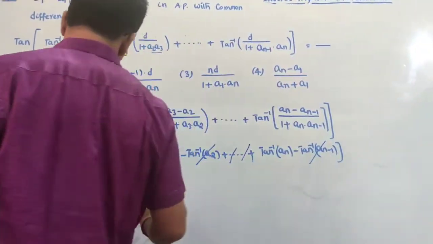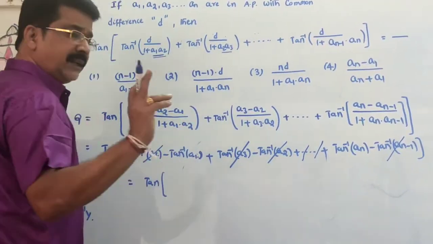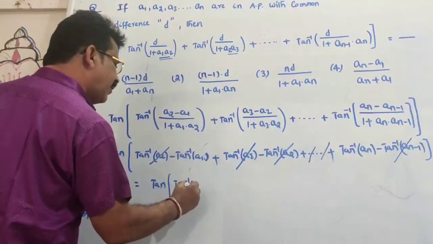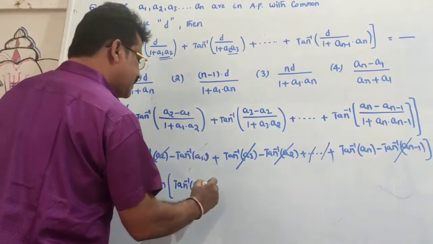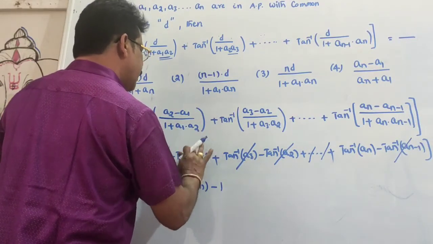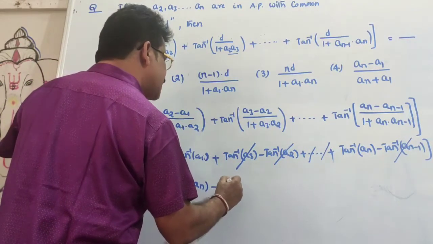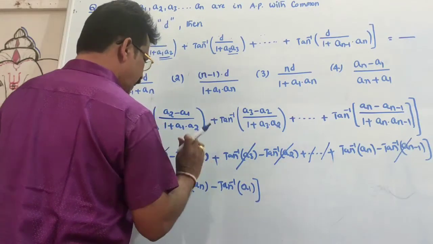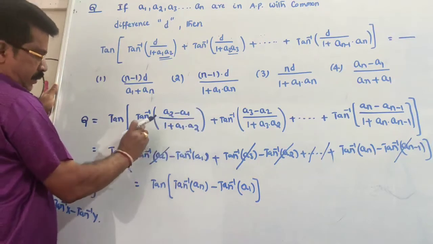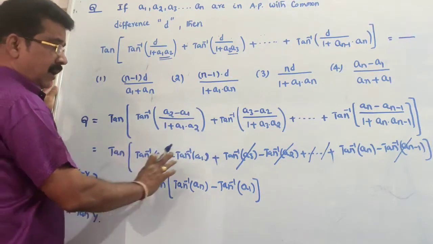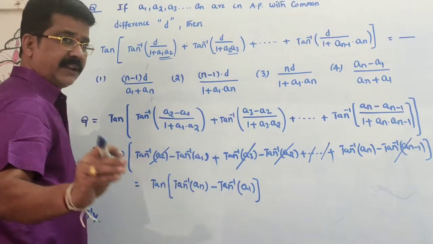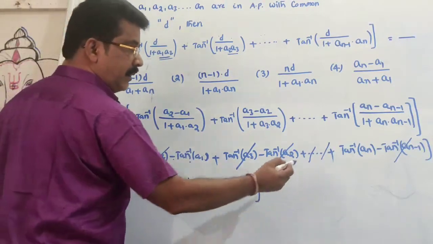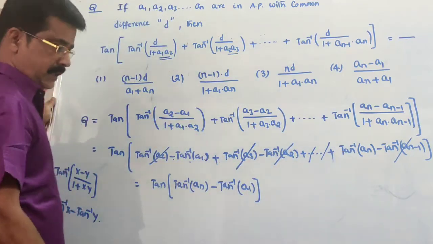So ultimately only two terms remain, namely tan inverse of an minus tan inverse of a1, just like that. On opening this bracket or using this formula, all terms will be cancelled except two terms, namely minus tan inverse of a1 and plus tan inverse of an.